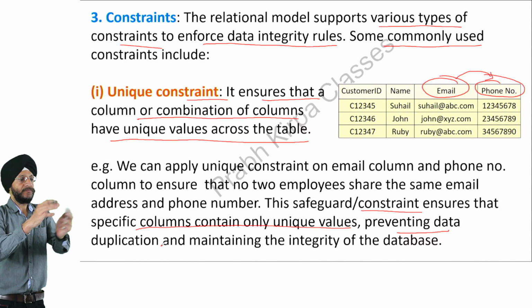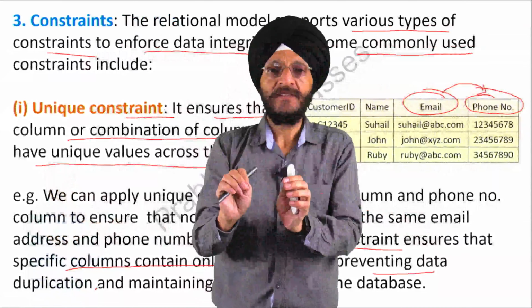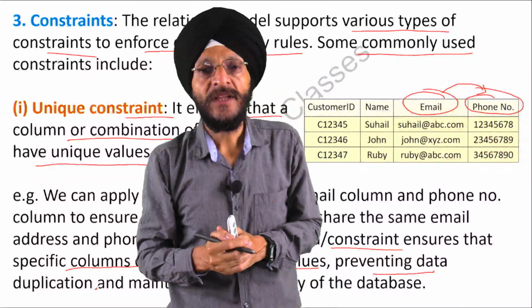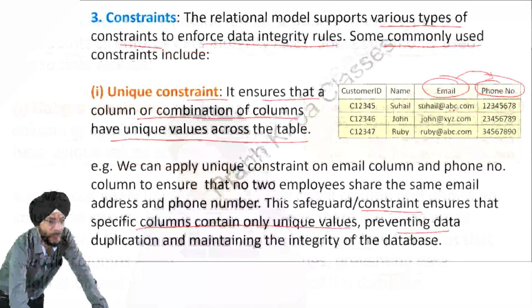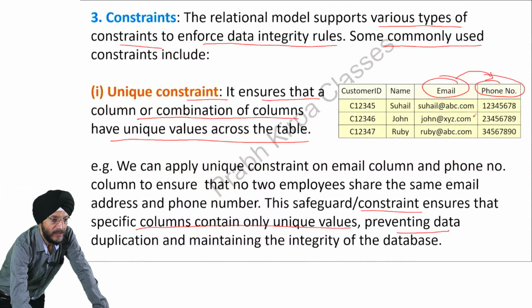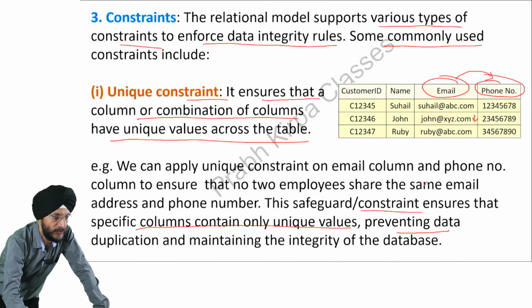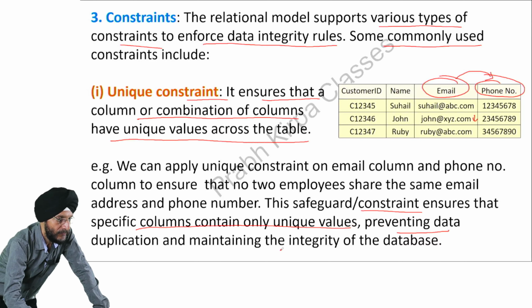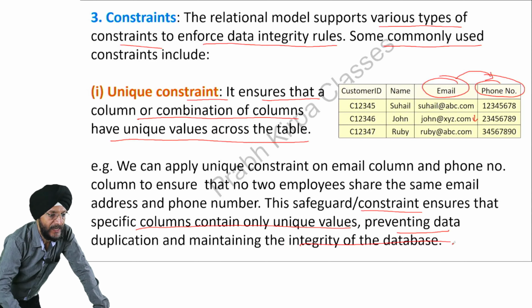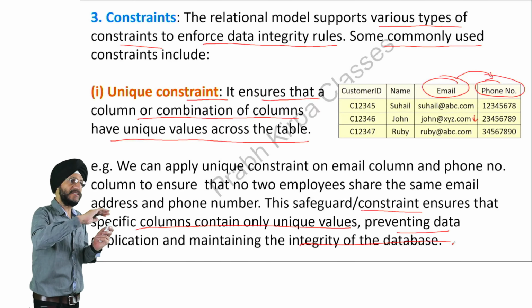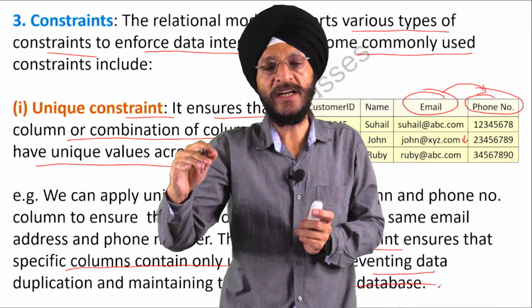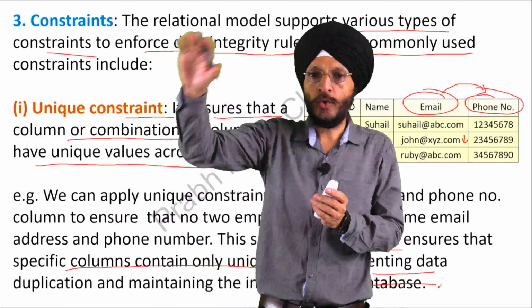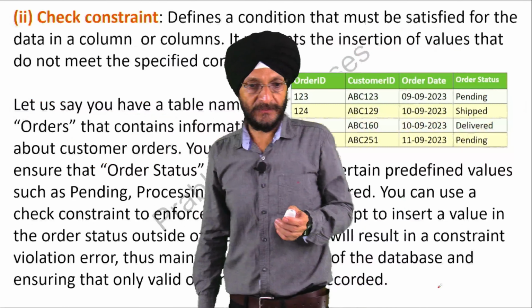For example, if a person is feeding data into the system and through an oversight feeds the same email ID in this field also, the system will not allow it, and in this way database integrity is maintained, that is, data is proper. Unique constraint will ensure that the data is proper throughout the database.